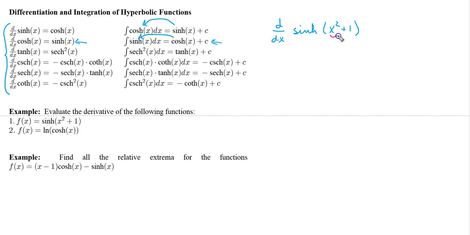So we're going to let this term right here be u. And so this is going to be d/du of the sinh of u times du/dx. Now the derivative of sinh is cosh, and so we end up with cosh of, and I'm going to put the u right back in place here, u is x squared plus 1.